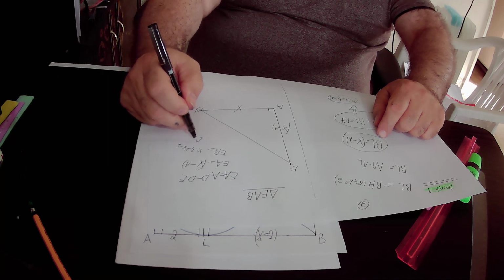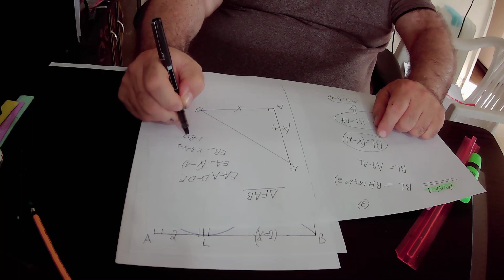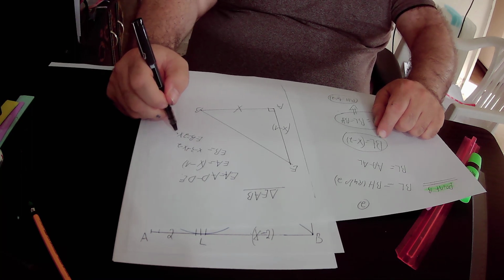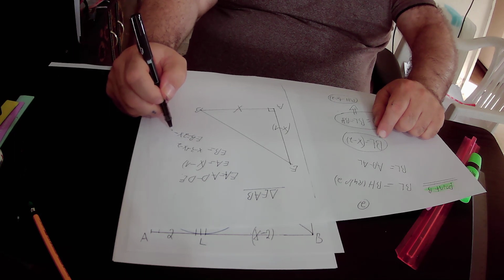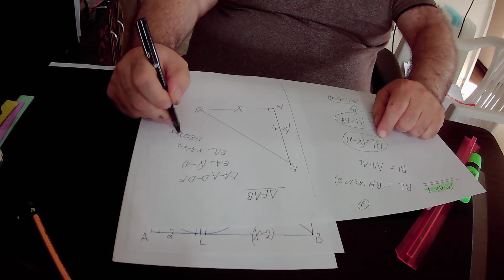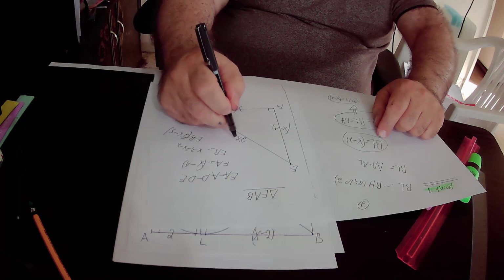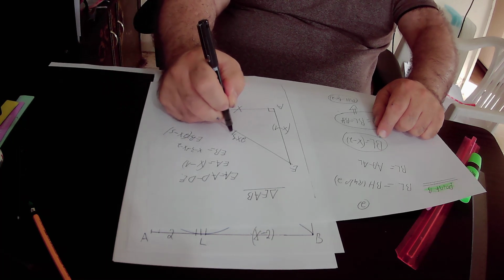So EB: x plus x is 2x, minus 3 minus 2 is minus 5. So in conclusion, the hypotenuse EB equals 2x minus 5 units.